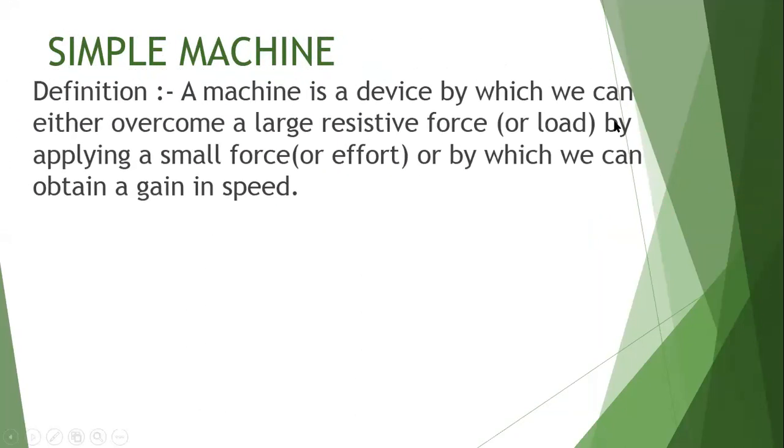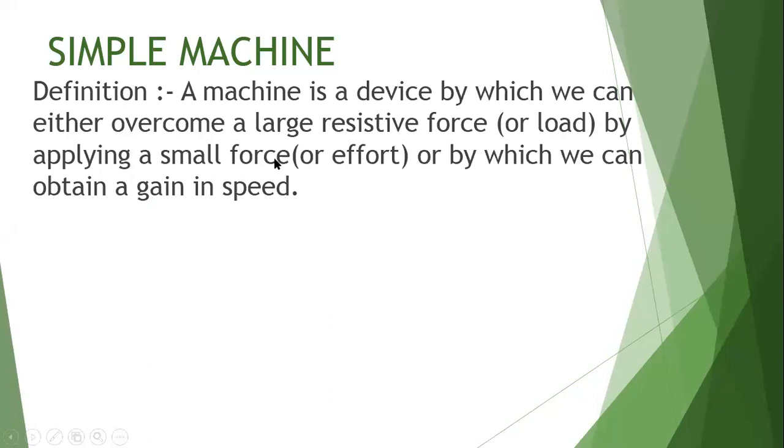Okay, so write down, this is how we define a machine. We say a machine is a device by which we can either overcome a large resistive force, which is also called a load, by applying a small force or effort.